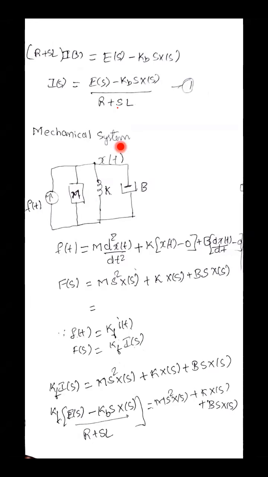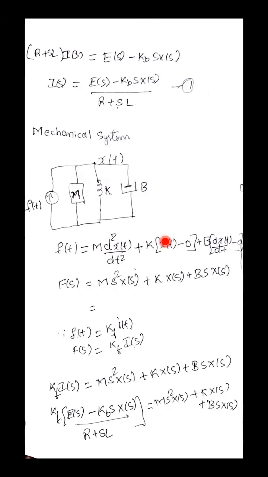So f of t is equal to m into d square x of t by dt square plus k into x of t minus 0 plus b into dx of t by dt minus 0. So if I take the Laplace transform for this, f of s is m into s square into x of s plus k into x of s plus b into s into x of s.